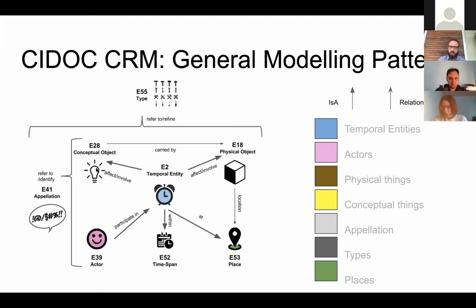They come back all the time because they're very consistent features of documentation and reasoning about the past. People give names to things, so anything that's identified with one of these classes can get many names. Likewise, people classify and give types to things for different reasons at different times, so any object that's classified in the ontology can receive many types.